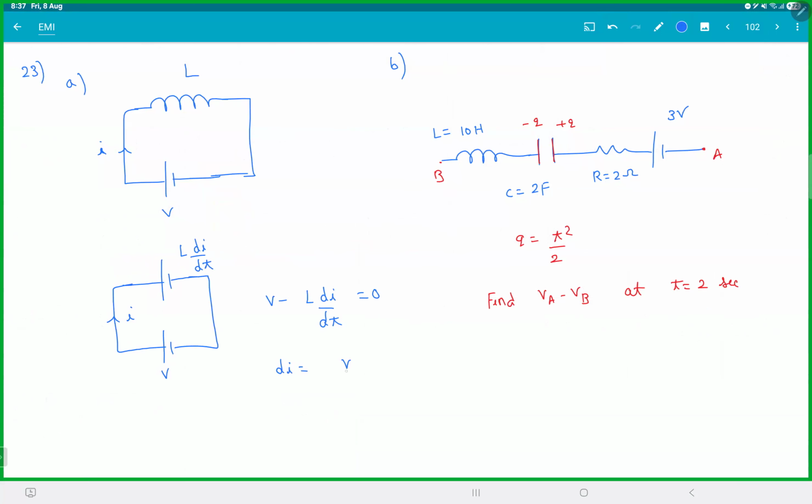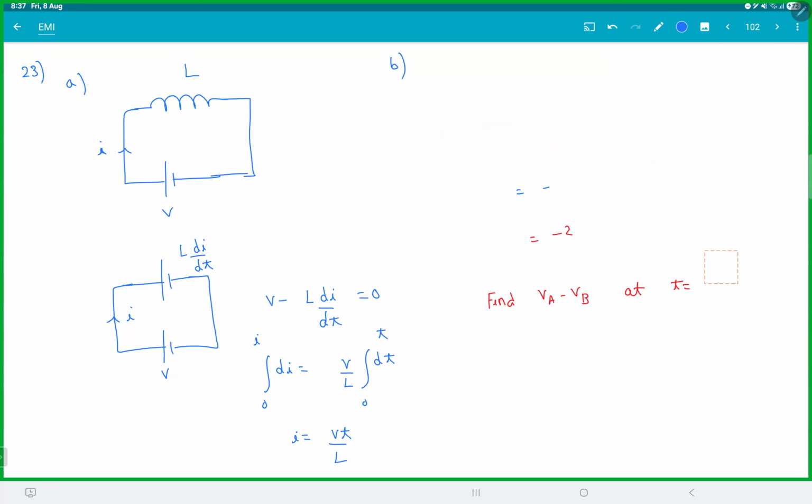So dI is equal to V by L dt. Integrating 0 to I, 0 to t, I is equal to Vt by L. So straightforward. In an inductor, if you put a battery, the current will just keep on piling up. It never decreases.